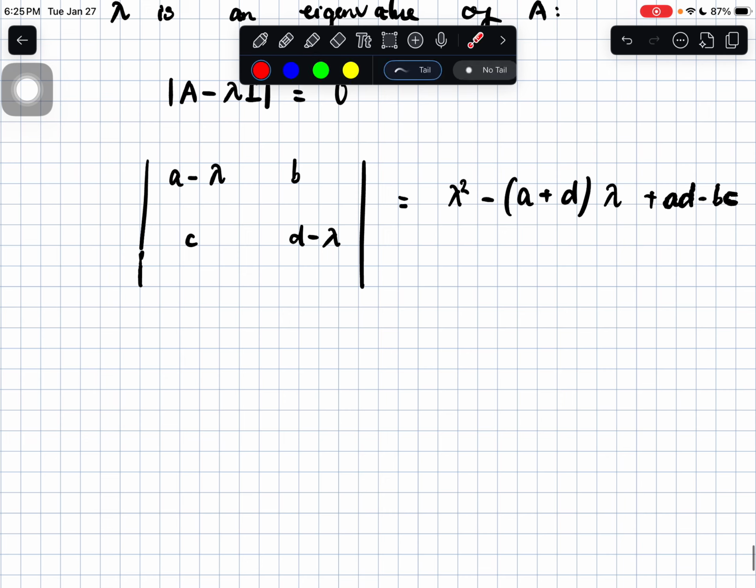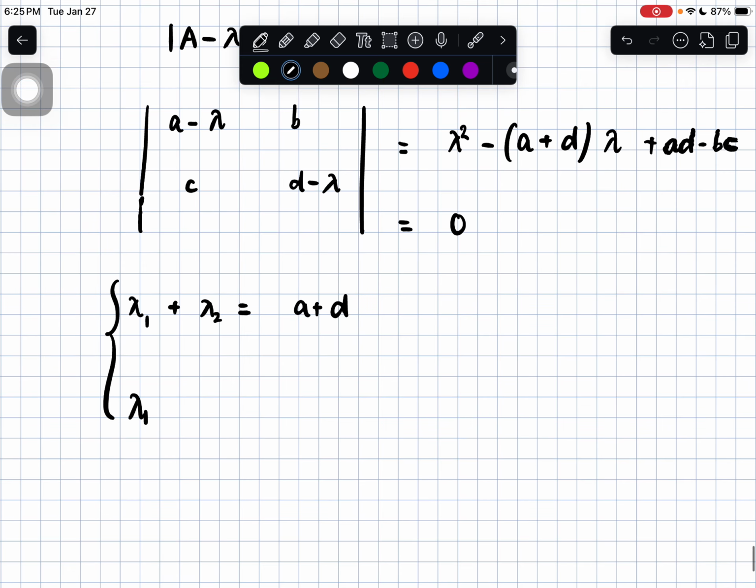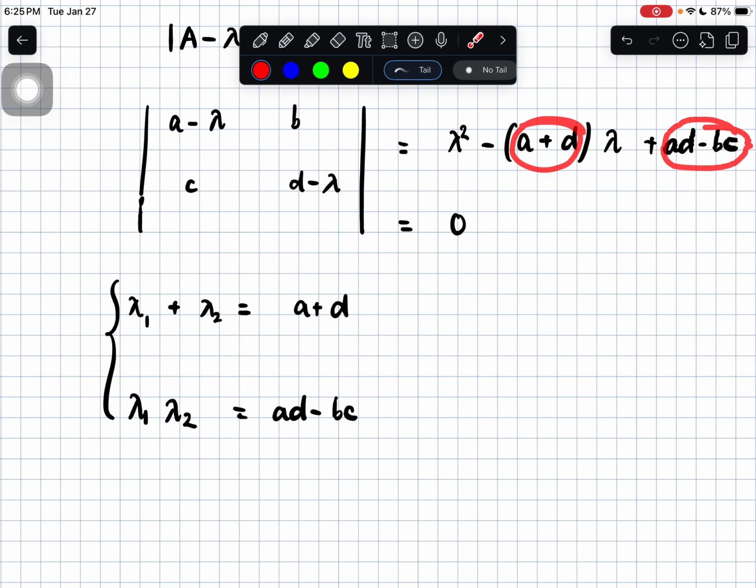So lambda is a solution of this equation equal to 0. So the sum of the two eigenvalues, say lambda 1 and lambda 2, will be a plus d, and the product lambda 1 times lambda 2 is ad minus bc.